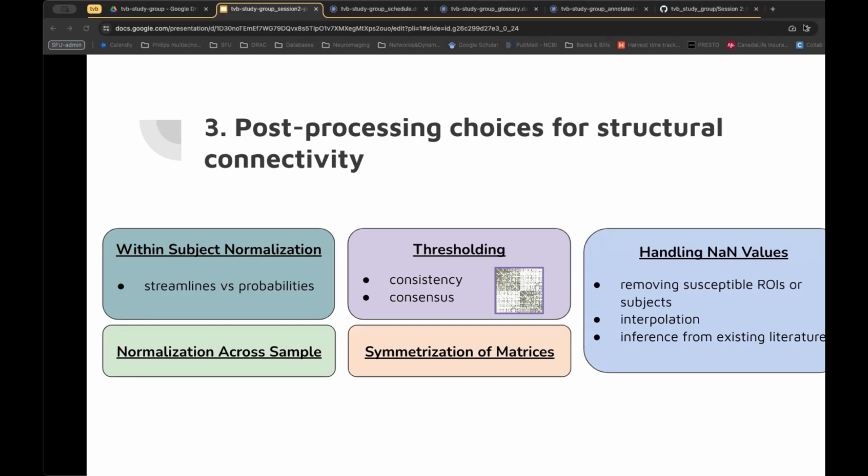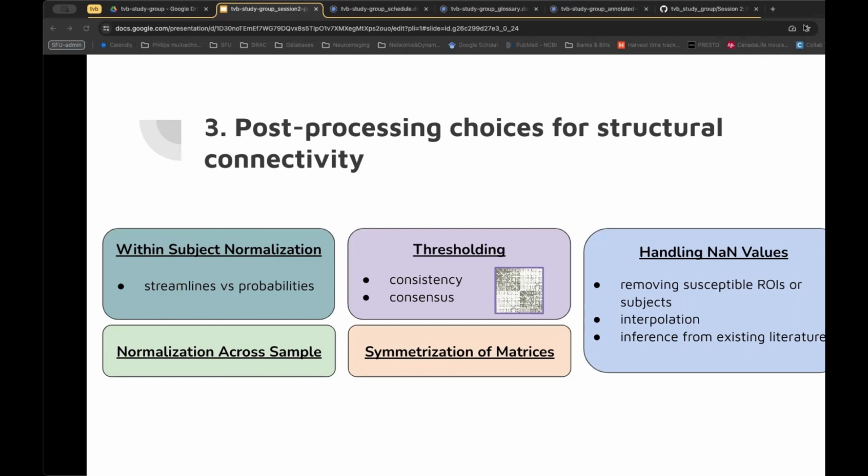Probability, on the other hand, is the percentage of streamlines that actually make it through. So in the same example, our probability of connection for regions A and B would be 0.5, 50%.